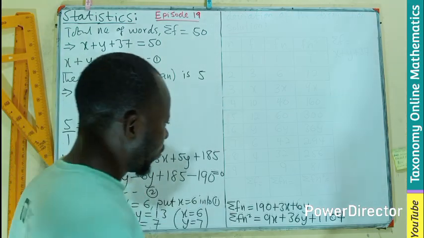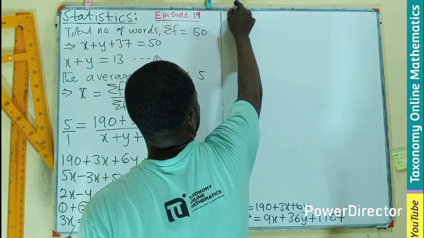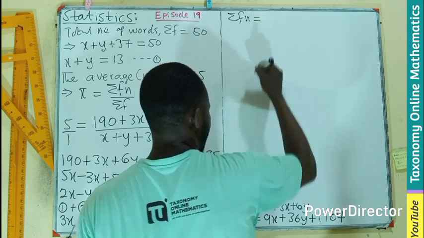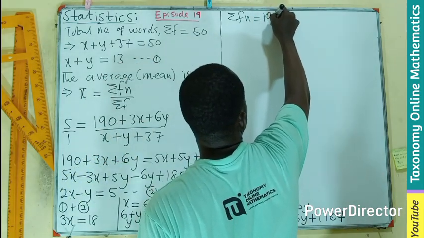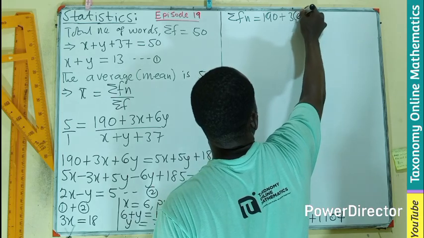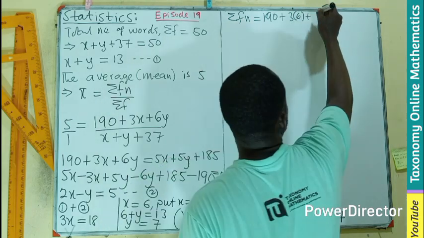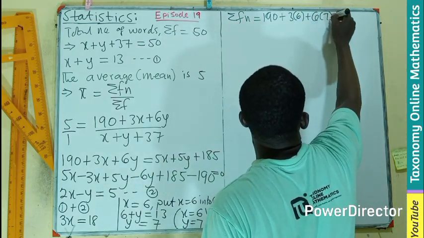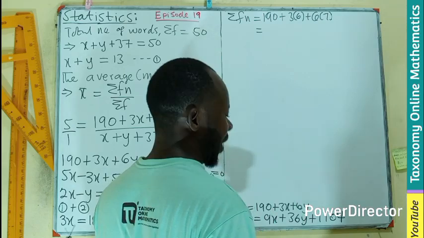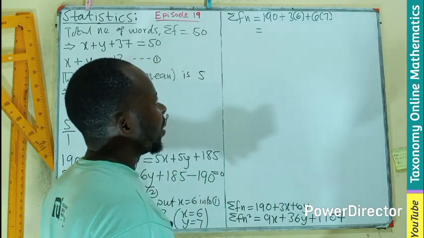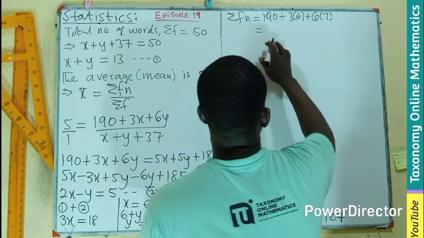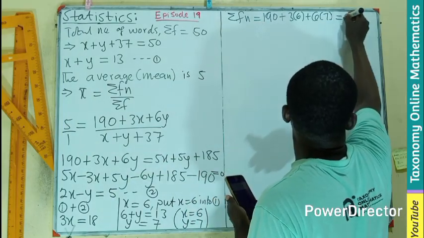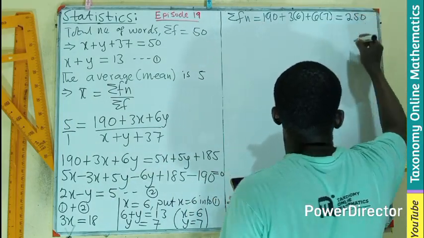So we just have our sigma fn equals to 190 plus 3 times 6 plus 6 times 7. Let's put that in our calculator and see the total value we get. In total, that will give us 250.